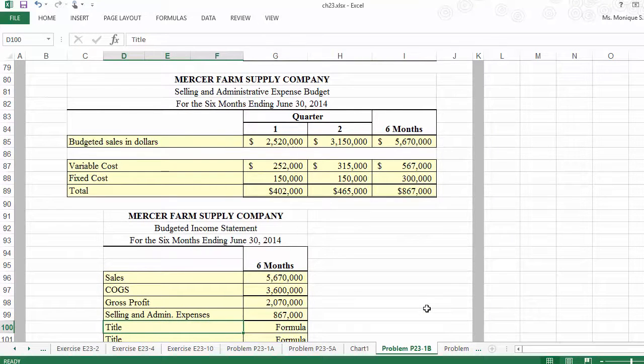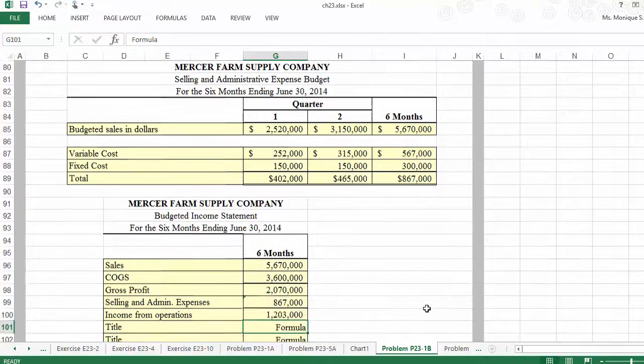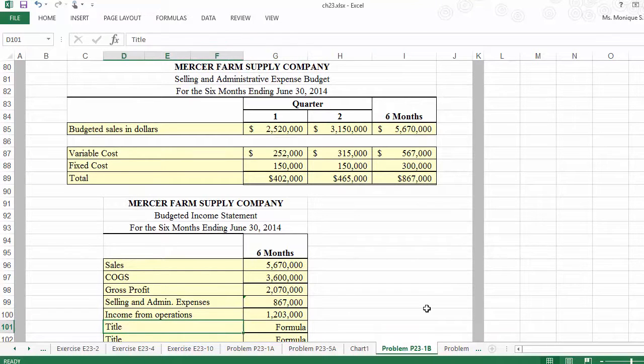And we will take the difference. That'll be our income from operations. So we're going to do the math: $2,070,000 minus $867,000 gives us $1,203,000.